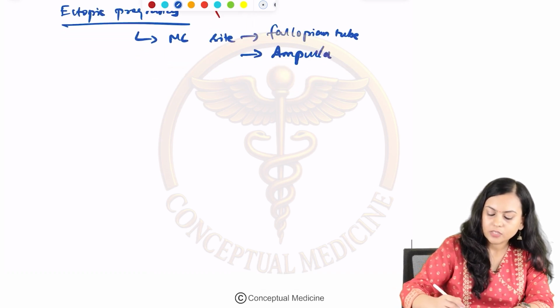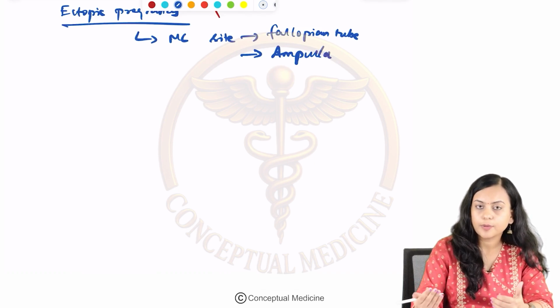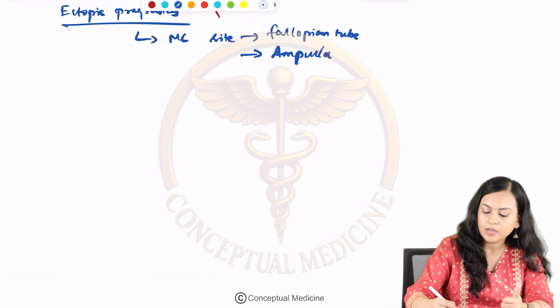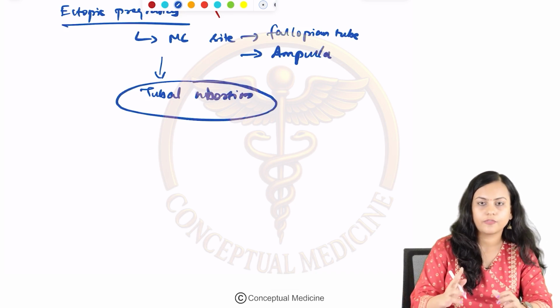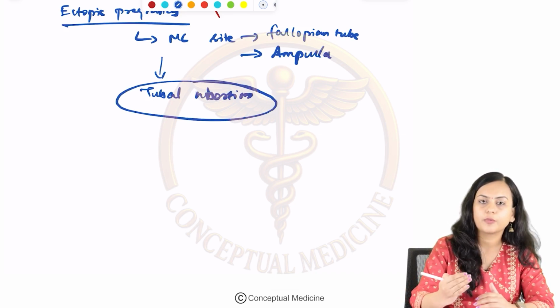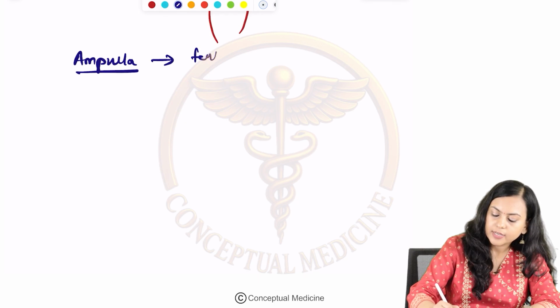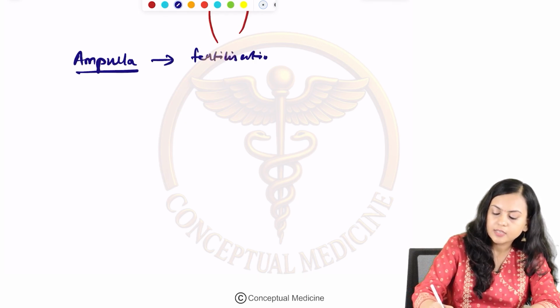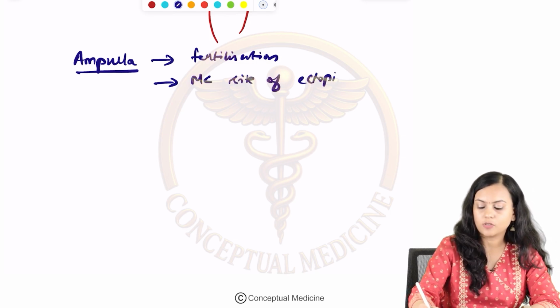Now we know the ampulla is the most common site of fertilization, right? Since it's the most common site of fertilization, it also becomes the most common site of ectopic pregnancy.